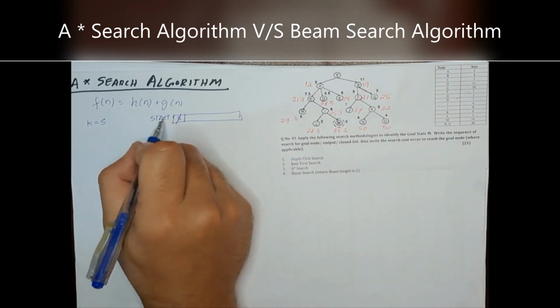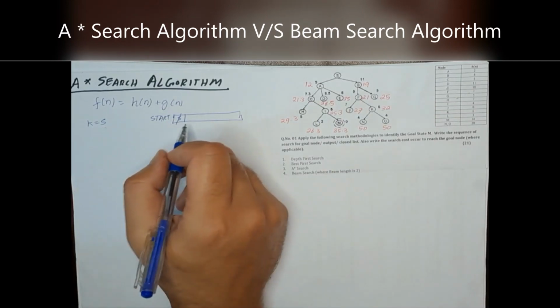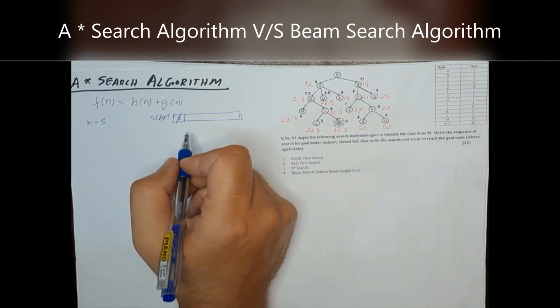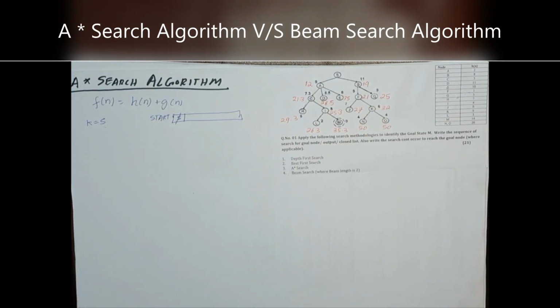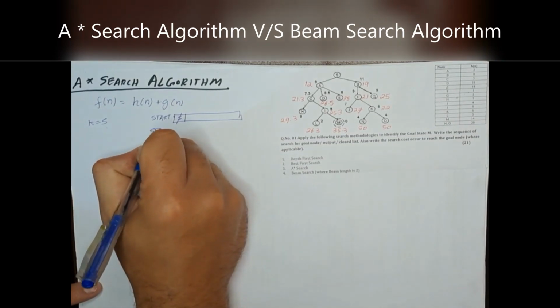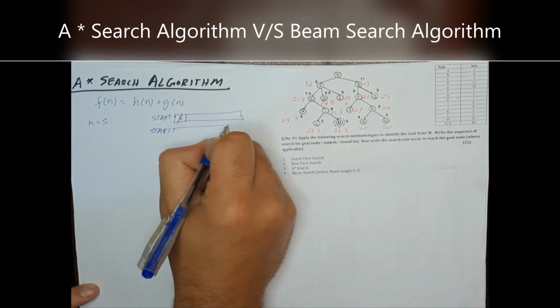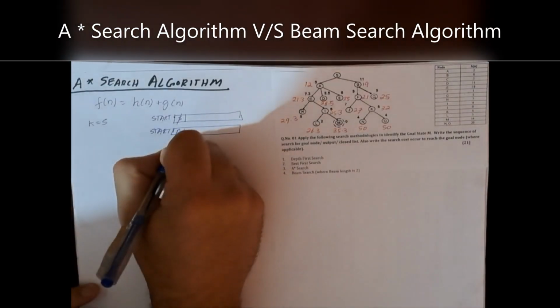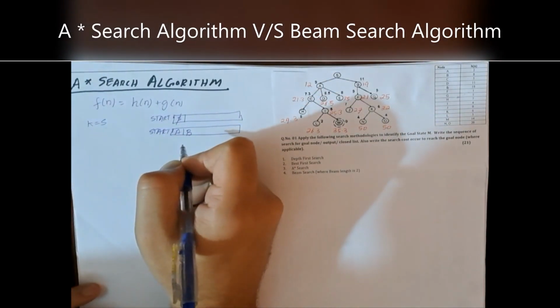So we give s to this variable. S is removed from start, and it is replaced by its two child nodes that are a and b. And what will be their sequence? Since the value of a is lesser, it will be like this: a and b here.